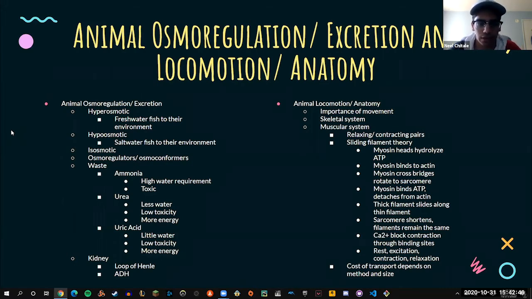So ammonia is a waste that's typically produced by fish because there's a high water requirement for the dispersal of the ammonia and release of it. And it's also highly toxic compared to the other waste products. So it's pretty specific to aquatic creatures, but there are some terrestrial creatures that produce ammonia. They just usually also have high interaction with moist environments and stuff like that.